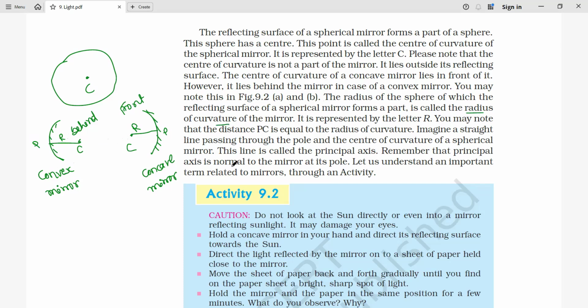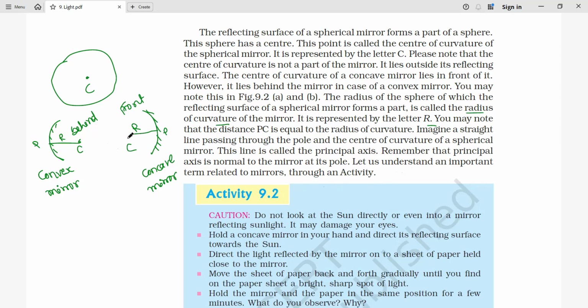The center of curvature is C, and the radius of curvature is R. The radius of the sphere of which the mirror is a part is called the radius of curvature, and the center of that sphere is what we call the center of curvature.